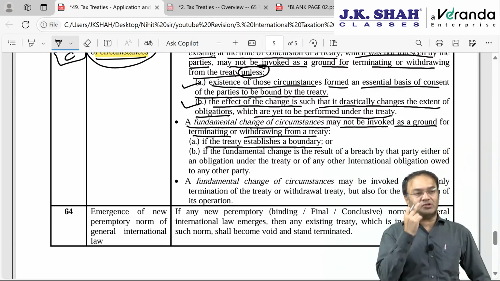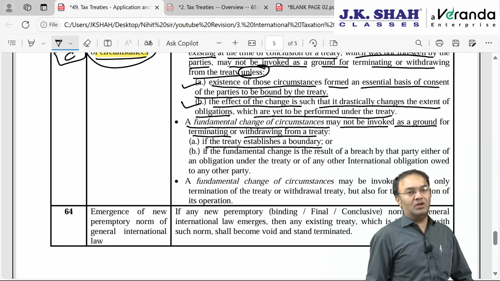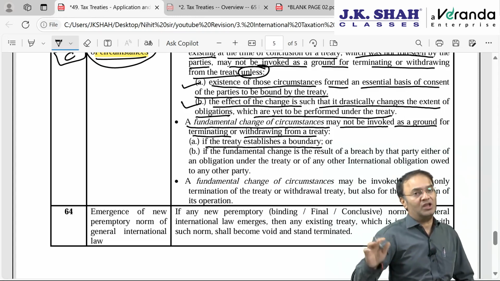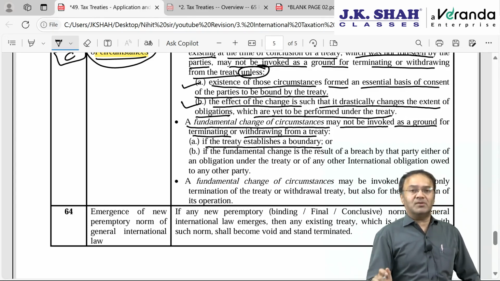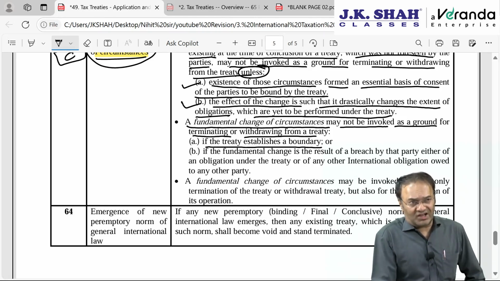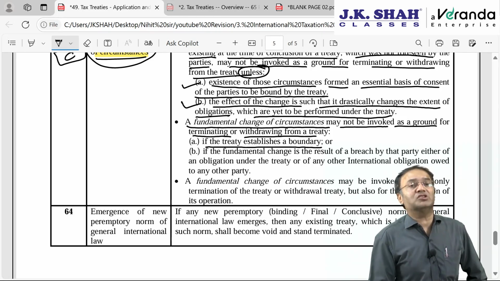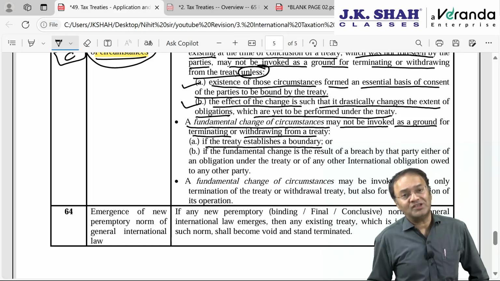So if a treaty establishes a boundary, that means consequences are mentioned in the treaty. India has already mentioned in the treaty with the USA that we will supply only after receiving a certain quantity from Iran. So there is a boundary. There is a clause in the treaty that if Iran stops and the raw material doesn't come from Iran, then purchase the raw material from another country and supply it to the US anyhow.